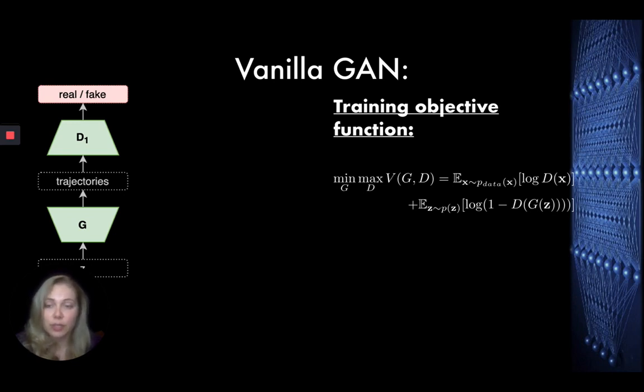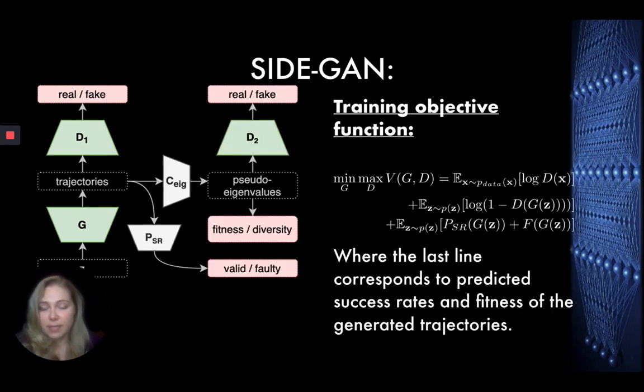The discriminator then looks at this data along with the real data and tries to decide which of them are real and which are simulated. The SIDE-GAN, the main modification made to the classical architecture of GANs, is attempting to assess the realism of these trajectories, not only in terms of the trajectory parameters themselves, but also eigenvalues of these trajectories.